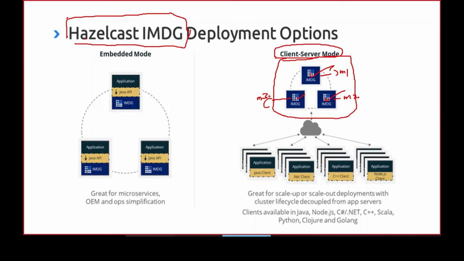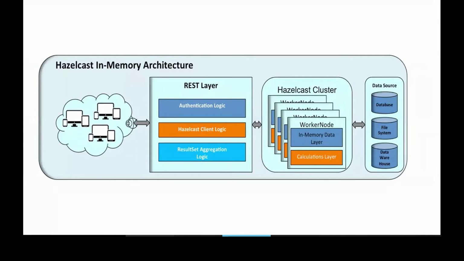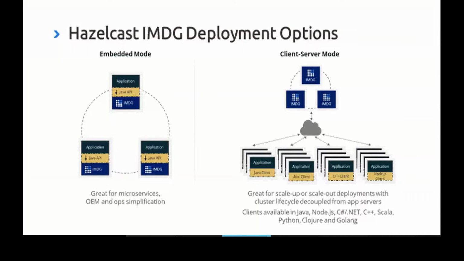They might be on the same machine or different machines, but at the end of the day they are a cluster. Your applications will not have an embedded Hazelcast member in them. They'll work like a client, and they can talk with the cluster and fetch the information. So this strategy is called client server mode, and exactly this picture depicts it.